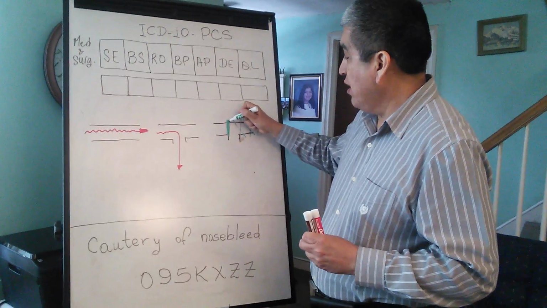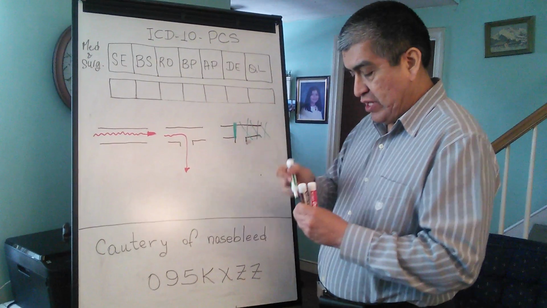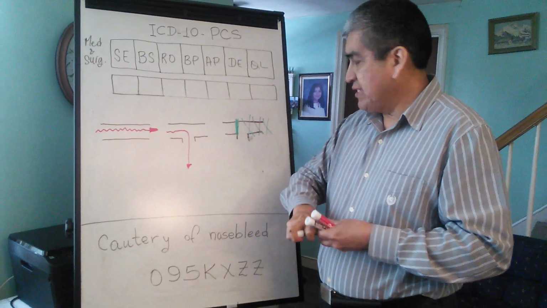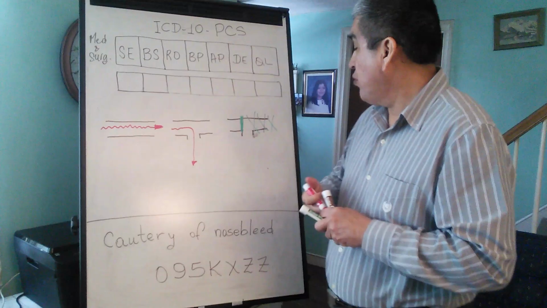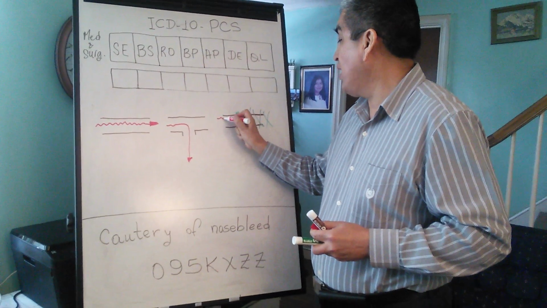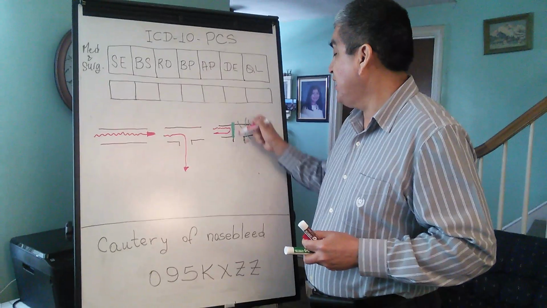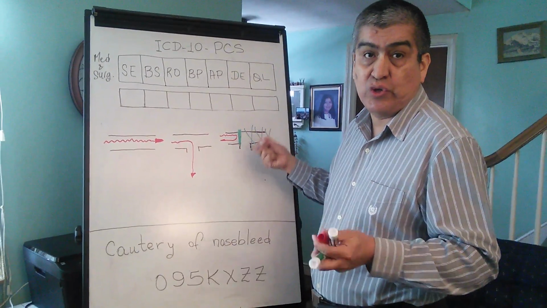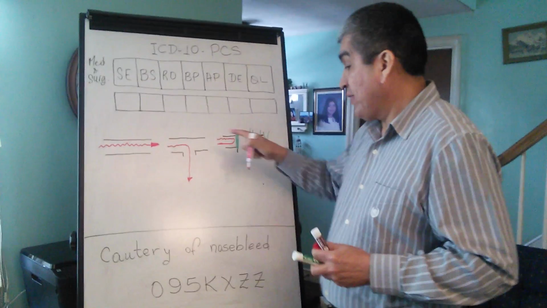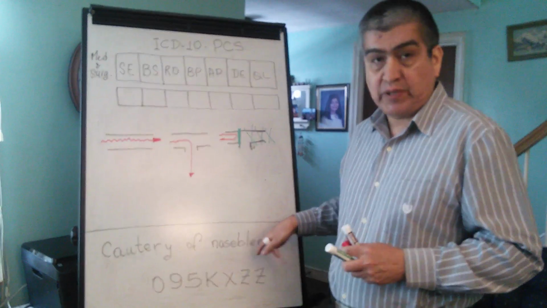It's no use now. He has sealed it here. So the blood, when it comes this way, finds that it's sealed and only has to go back. It doesn't go out again, so there's no more nosebleed. That's the procedure, cautery of nosebleed.